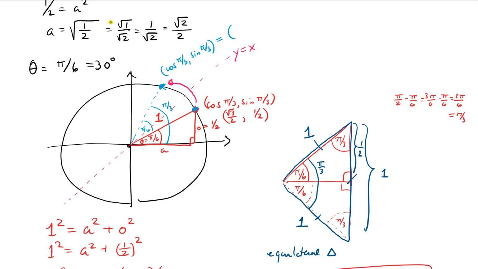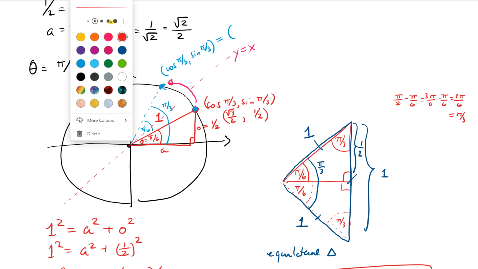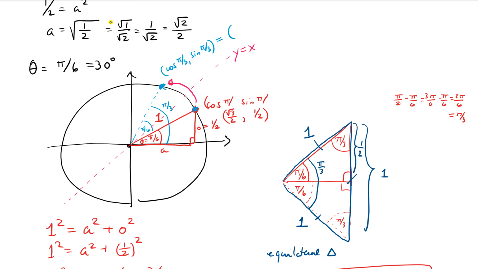So the cosine of pi over 3 is actually the sine of, oh, and I just noticed I made a mistake here too. So let me correct this. This is not pi over 3, this is pi over 6. So the cosine of pi over 3 is the same as the sine of pi over 6.